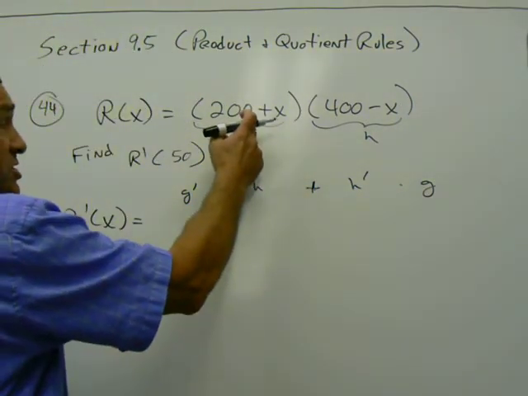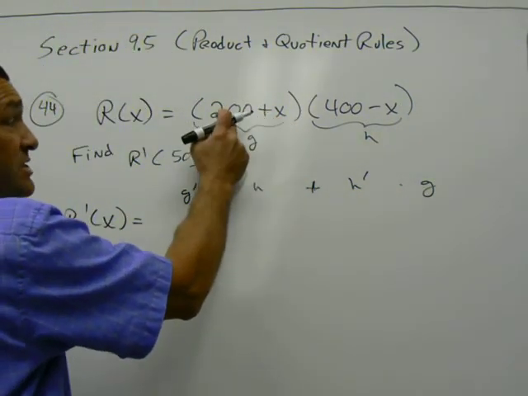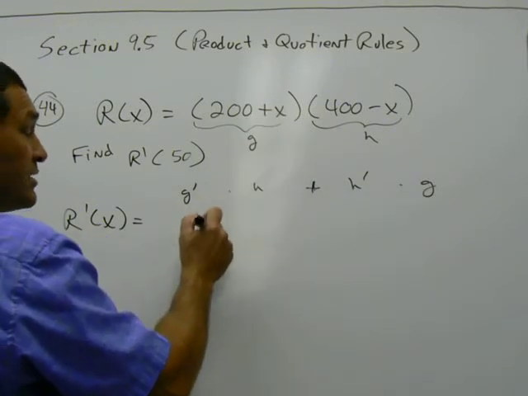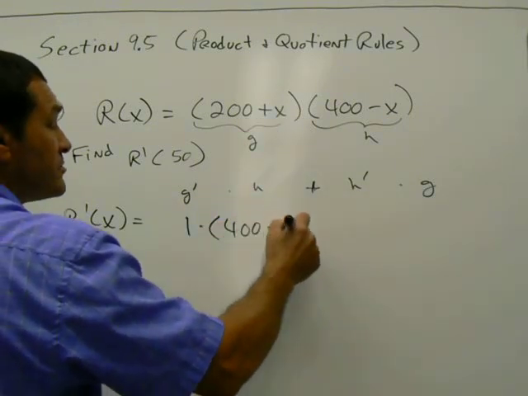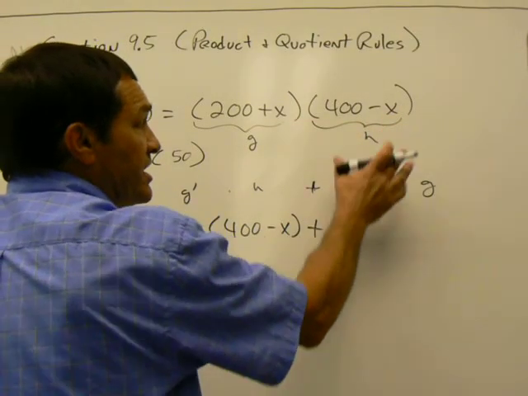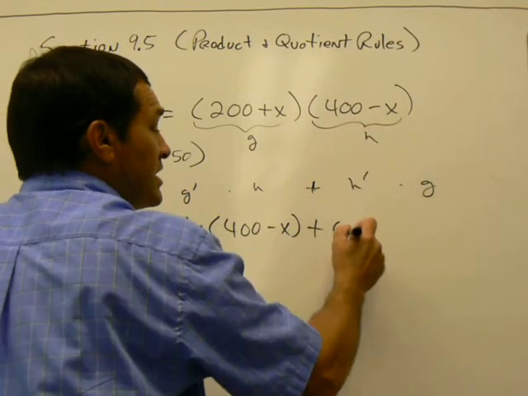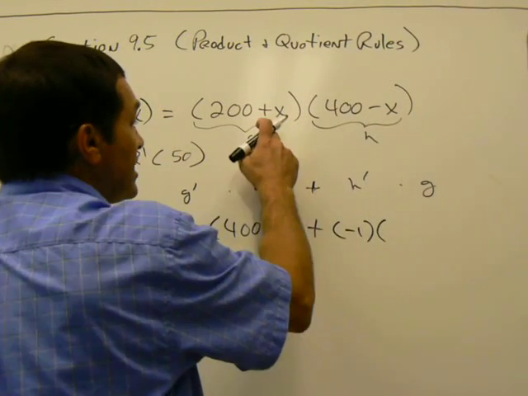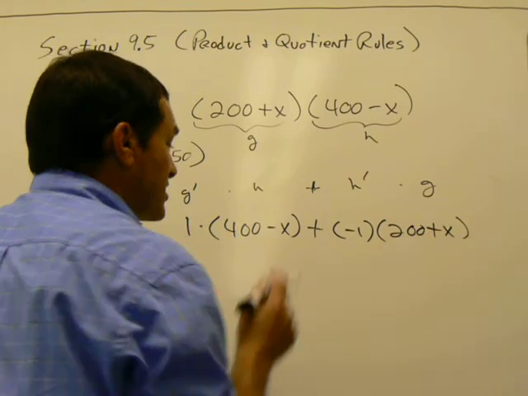If this is my function g, the derivative of 200 plus x, the derivative of a constant term is 0, the derivative of x is 1, times your function h, plus h prime, the derivative of 400 is 0, the derivative of negative x would be negative 1, times your function g, which is 200 plus x.